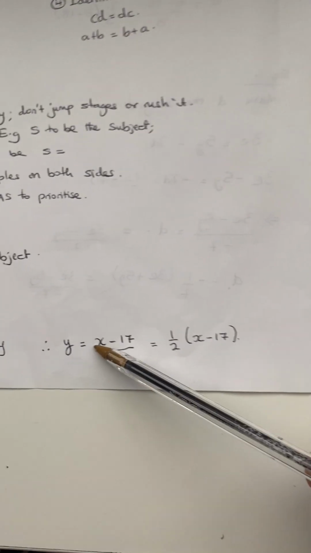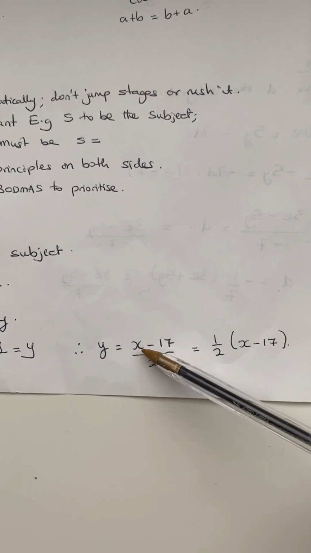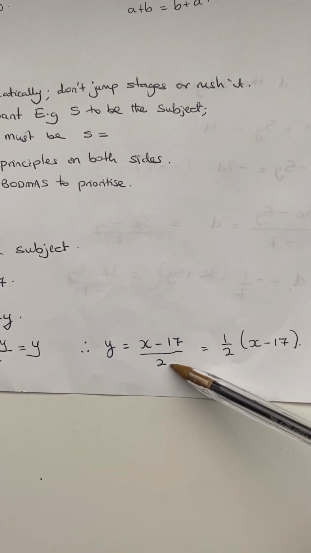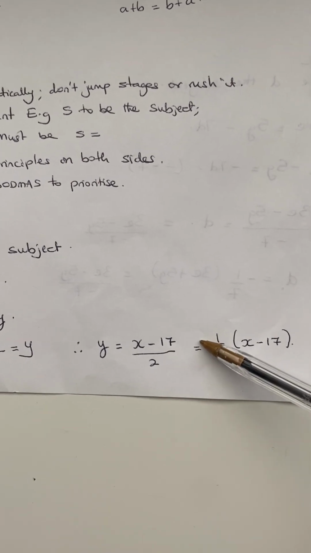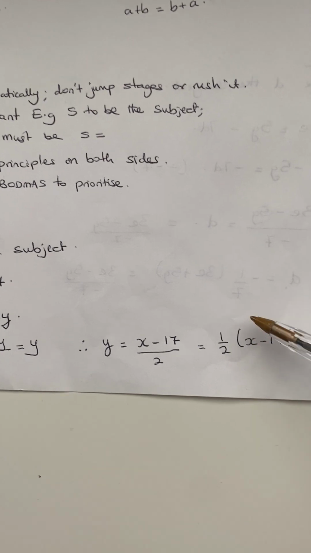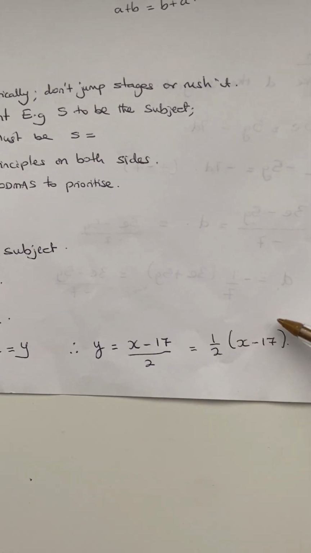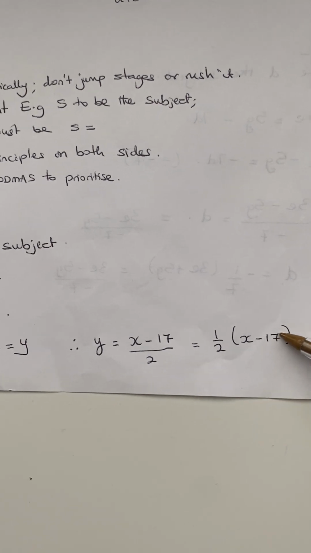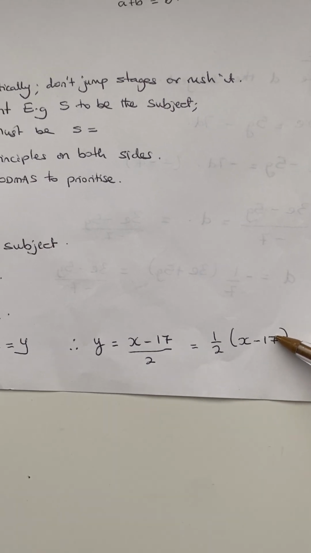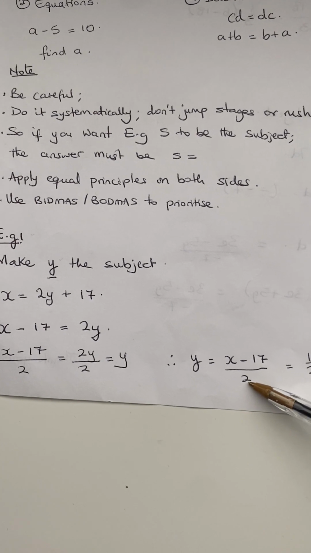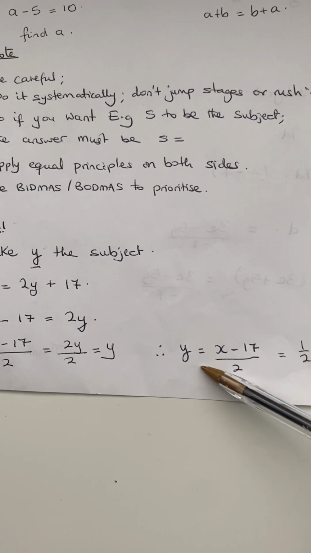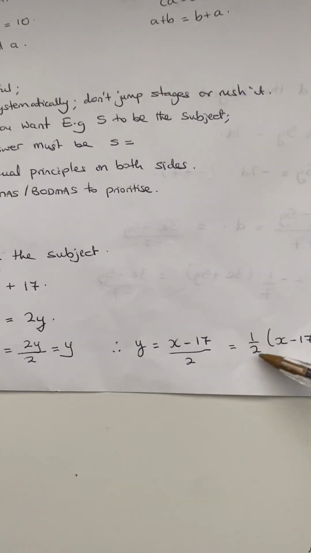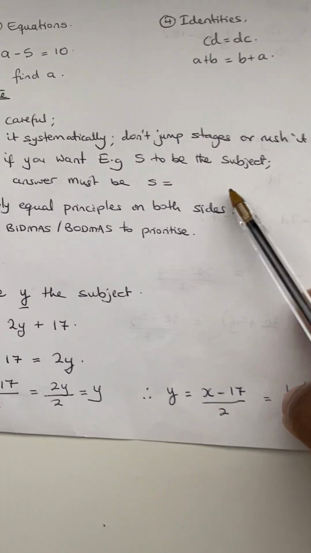So now y equals x minus 17 all divided by 2, or half into brackets everything in the numerator, x minus 17. So we've made y the subject, so we can stop here now.